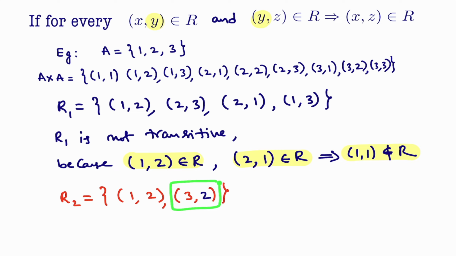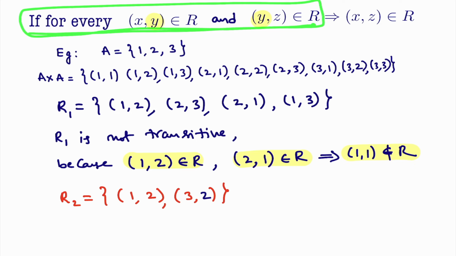Now you observe this (3, 2), right? This ends with 2. Is there any other ordered pair other than this which starts with 2? No. In that case, what do we say? This satisfies the transitive property. I hope you are understanding. If there exist (x, y) and (y, z) in the relation, then only we look for (x, z).